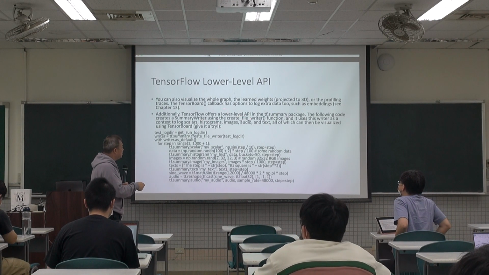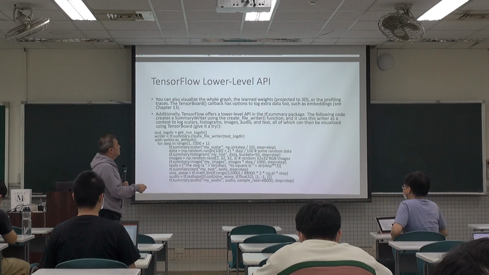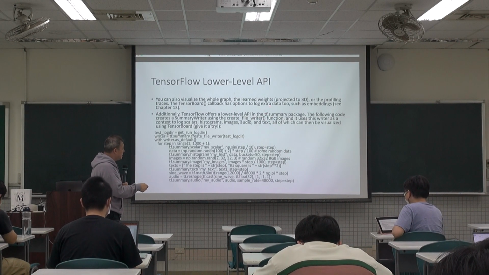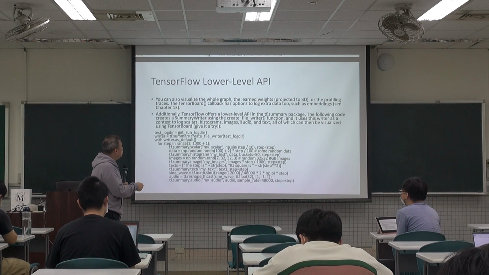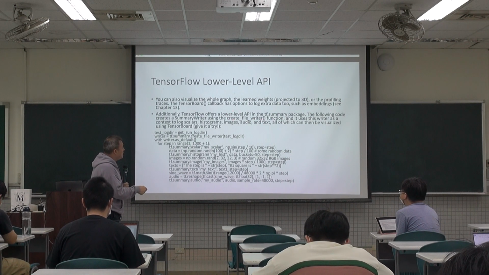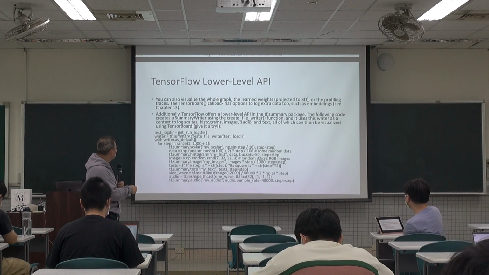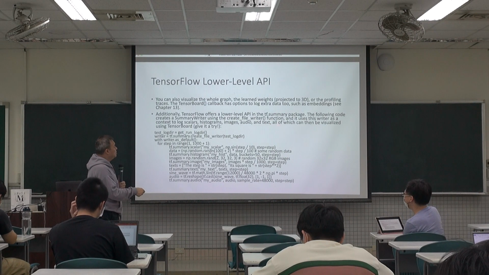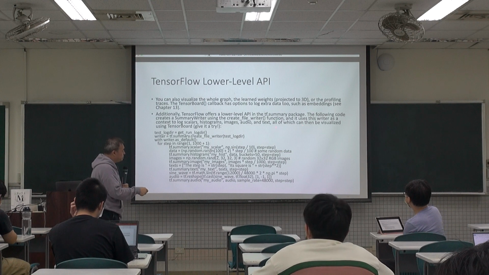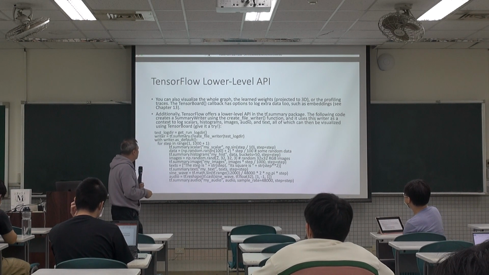TensorFlow also offers a low-level API in the tf.summary package. This one creates a summary writer, using the create_file_writer function, and you use it to write a context to log scalar, histogram, image, audio, and text. All of this you can visualize using TensorBoard.